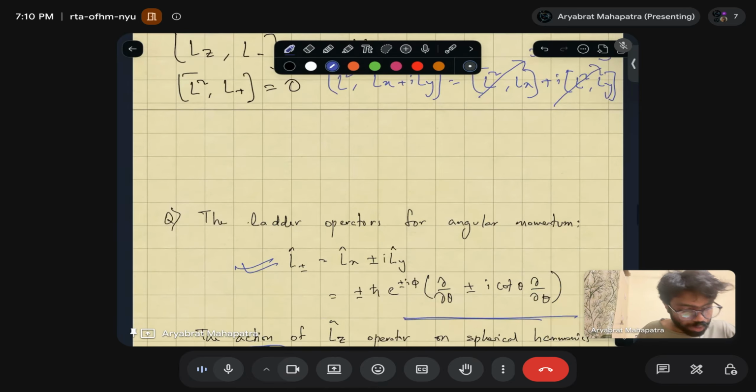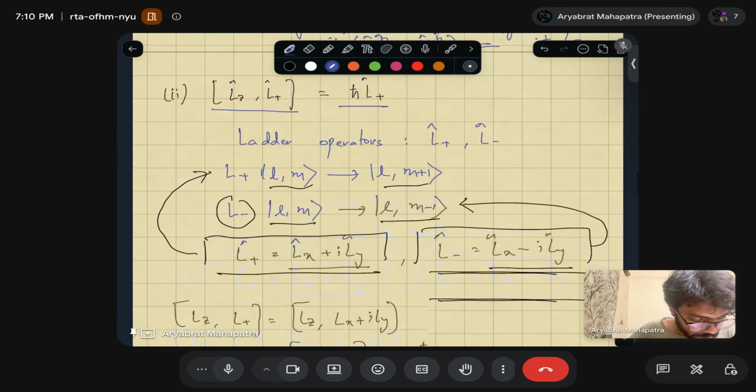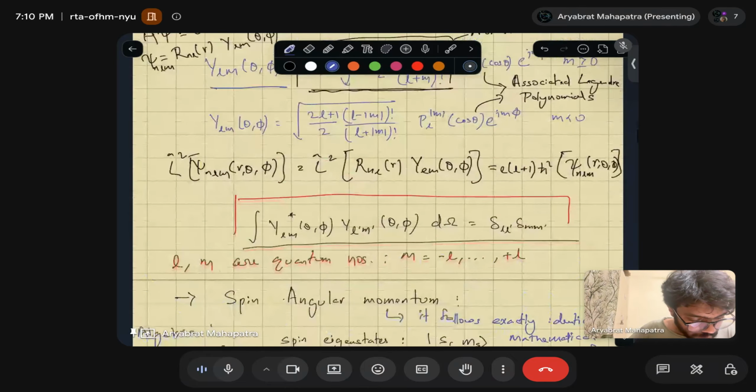Just give me a moment. Let me check if the expression is correct or not.